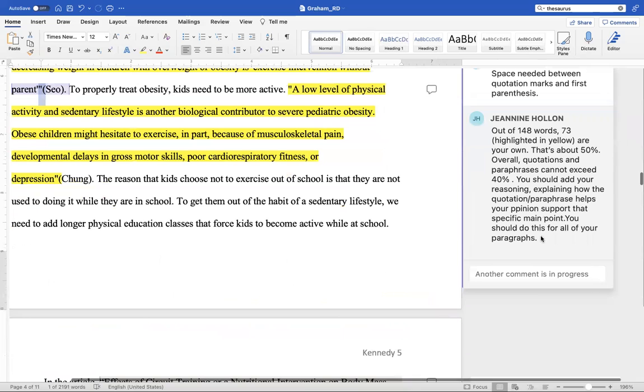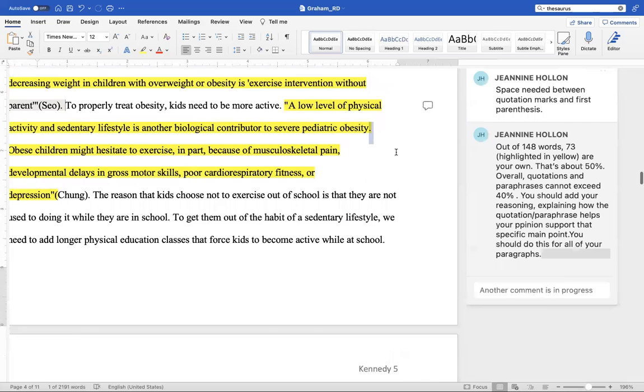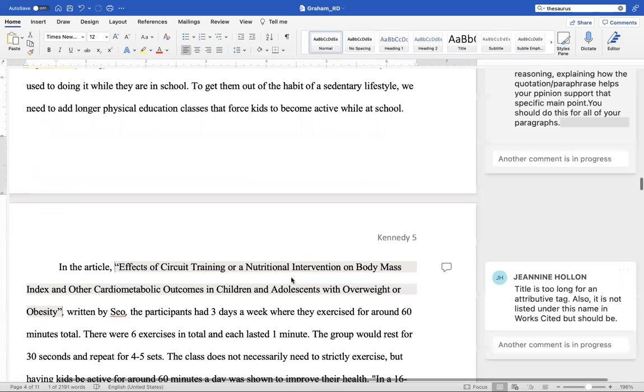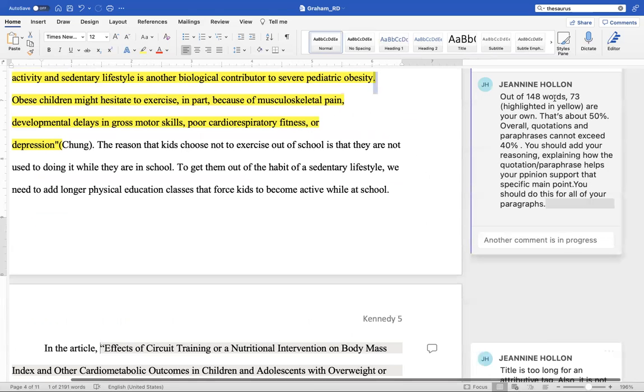Then what I was telling you in this paragraph here, and I think I stated it wrong because I was doing it last night, is that this paragraph actually has 148 words, and the 73 that are highlighted are the words that came from your sources. Well, let's just do the mental math. Everybody says do the mental math. Okay, let's just say that, if you divide this by 2, you get 74.